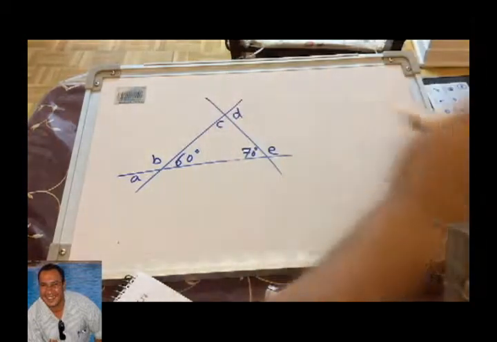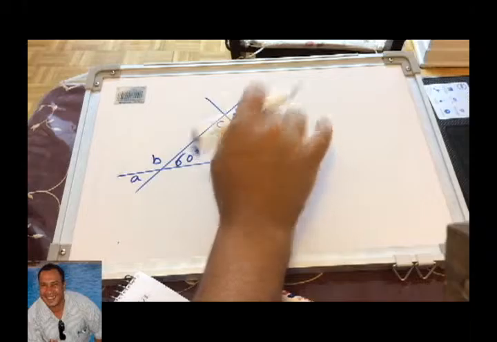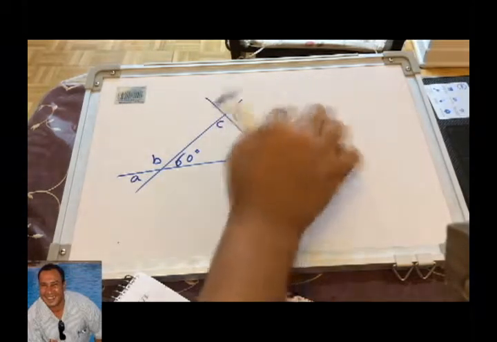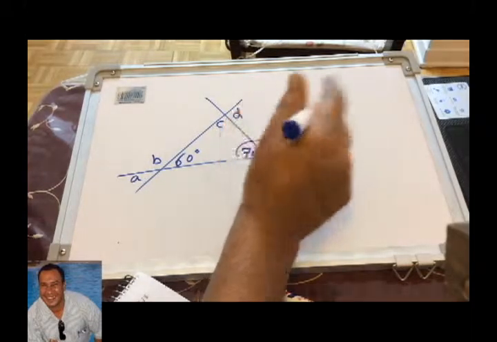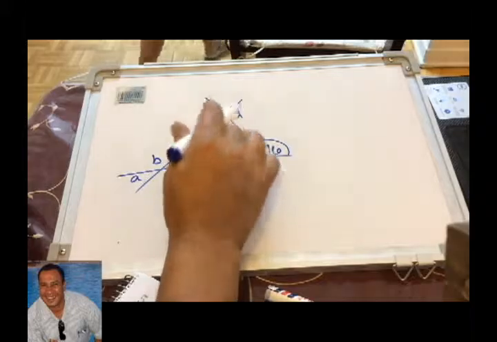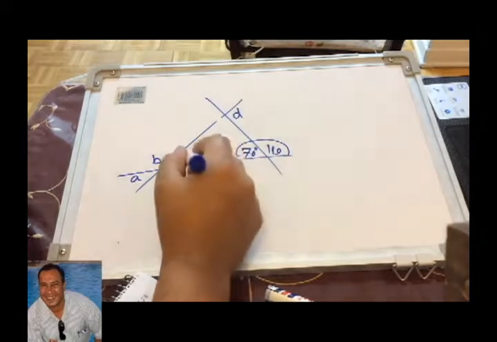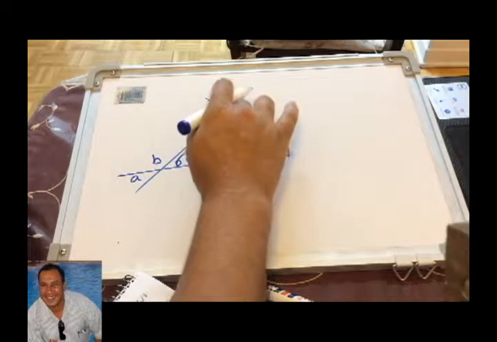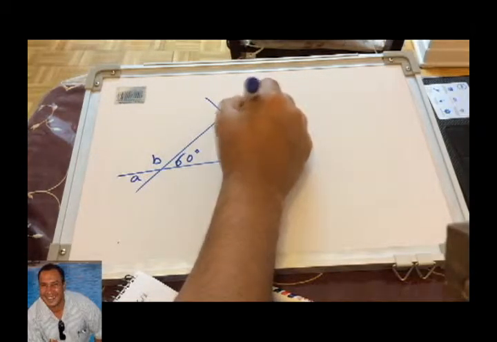You can see from the figure that angle E will be 110, because 110 plus 70 is 180, a straight angle. The sum of interior angles for the triangle is 180, 70 plus 60 is 130, so this angle will be 50. This implies this one is 130.